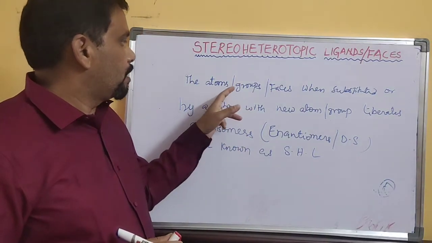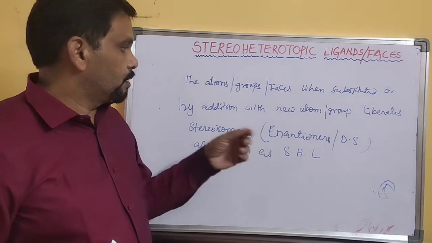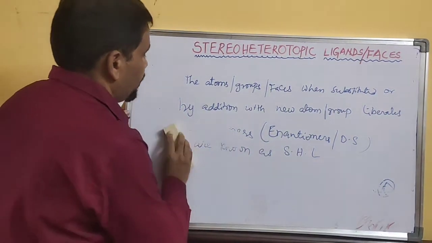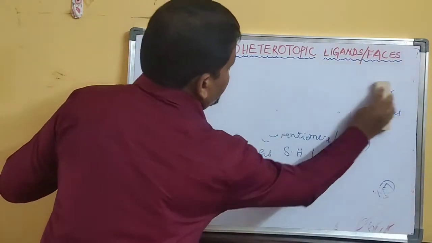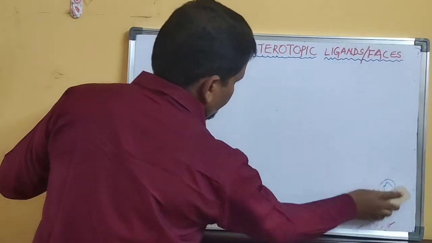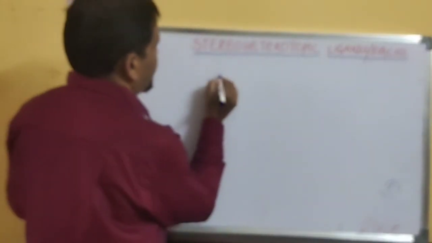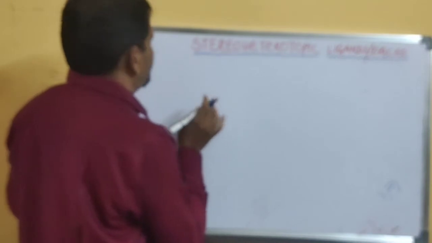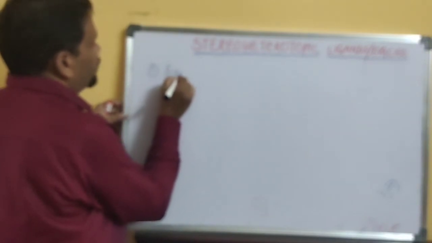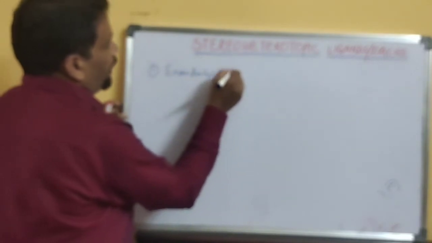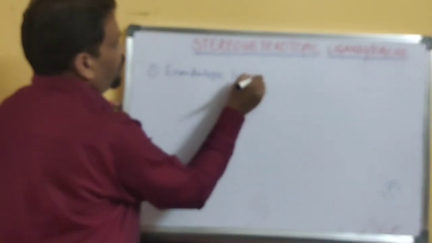First, let us try to learn about enantiotopic ligands. The stereoheterotopic ligands can be classified as enantiotopic ligands and phases.